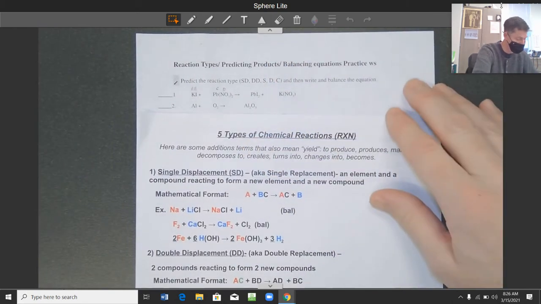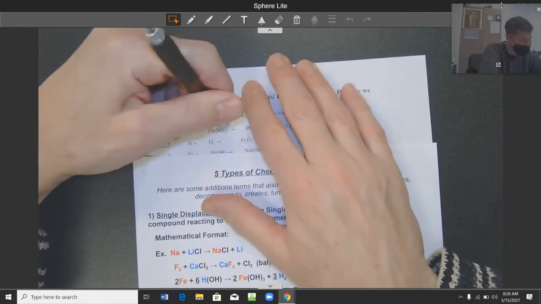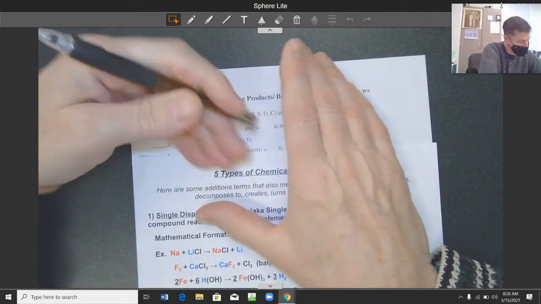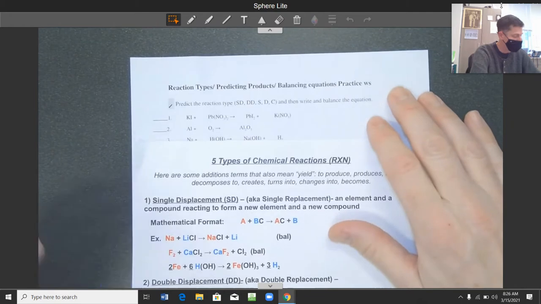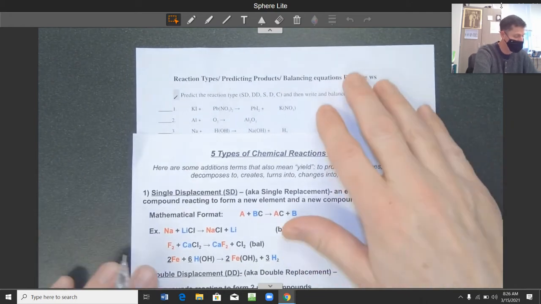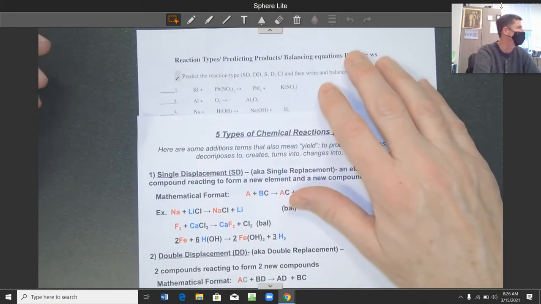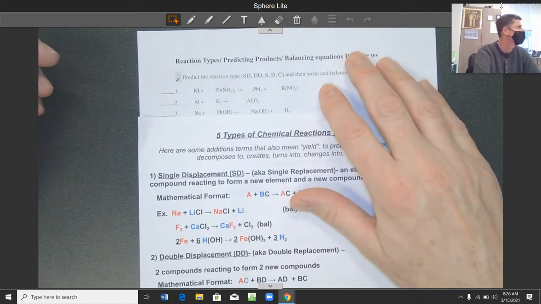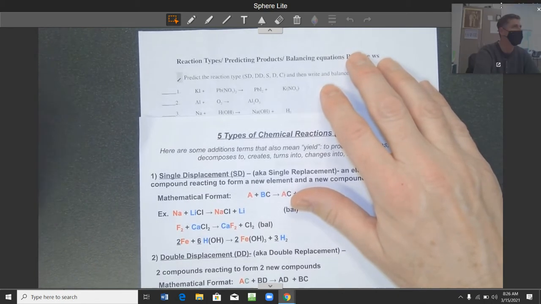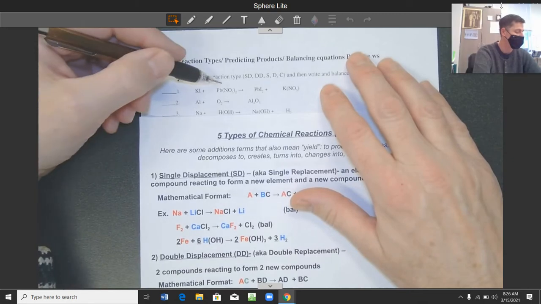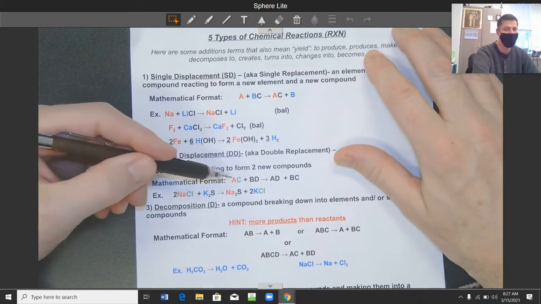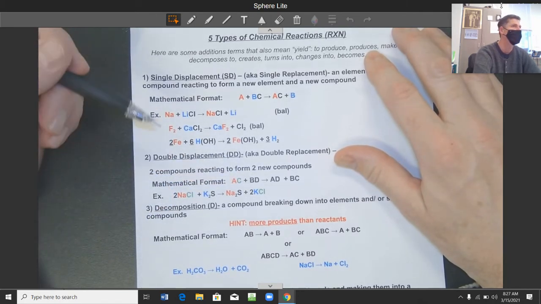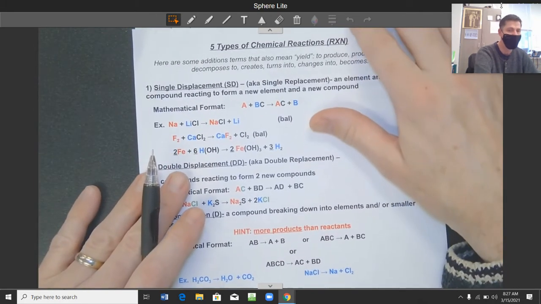Whoops. I went straight across. Does anybody know what I changed? I assigned the first two letters to all cations. I went A, B, and then C, D, but down here I went A, B to cations, and then C, D to anions. So you wouldn't get it, but we can do it this way still.